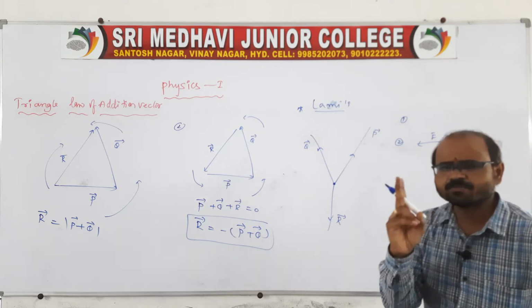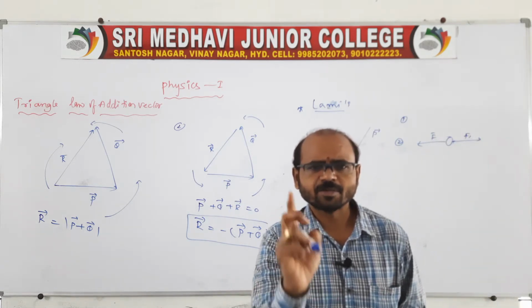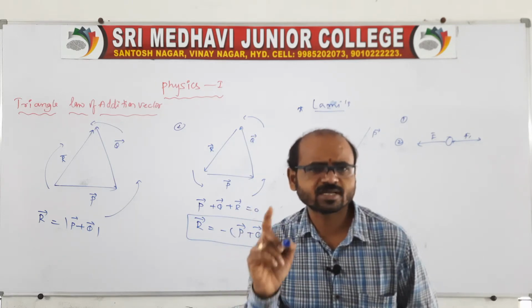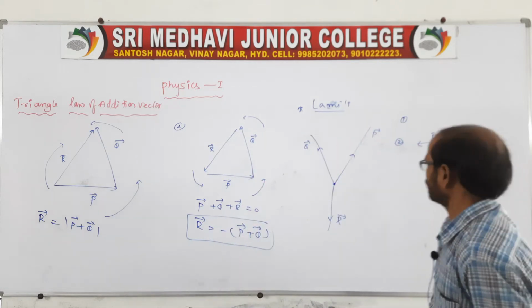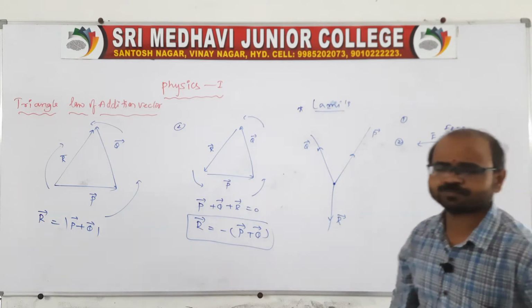So the minimum number of forces required to keep the particle in equilibrium is 2. If the two forces are in the same plane, the particle is at rest, or in the equilibrium position, therefore we can say the resultant is 0.